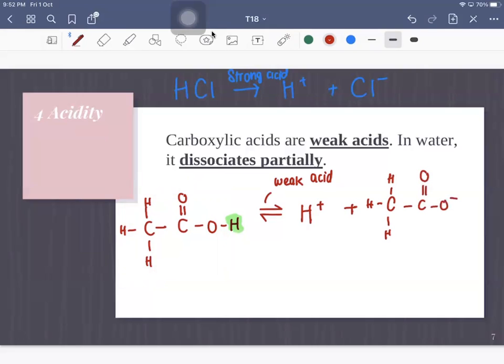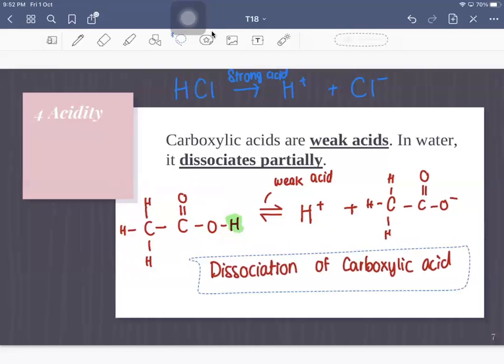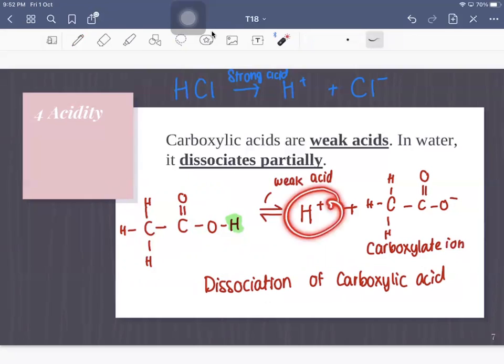So this is the dissociation of carboxylic acid, with the anion being called a carboxylate ion. And this is just hydrogen ions, or later on it is called a proton.